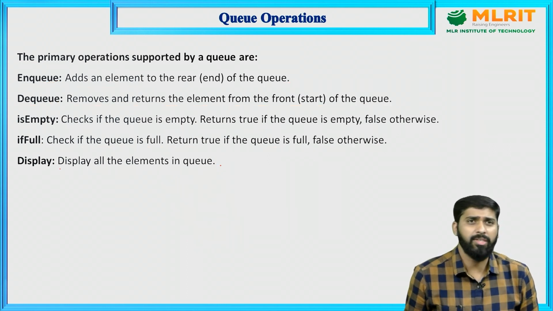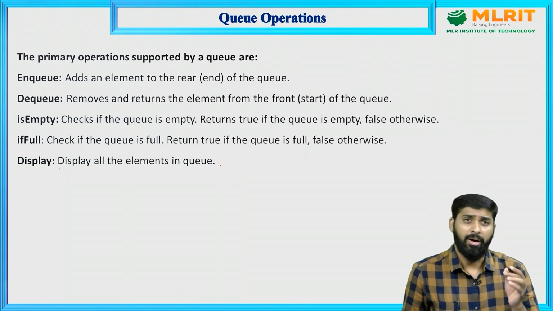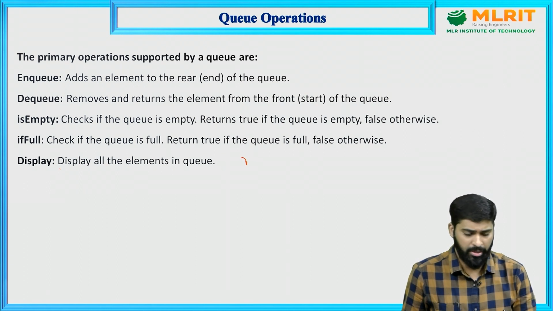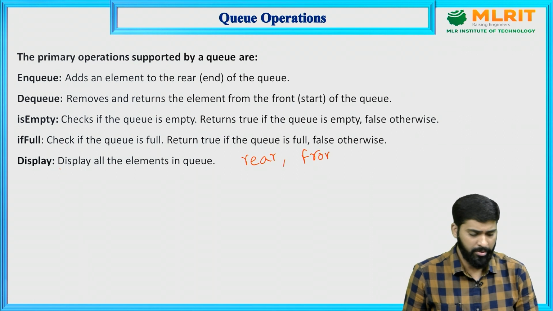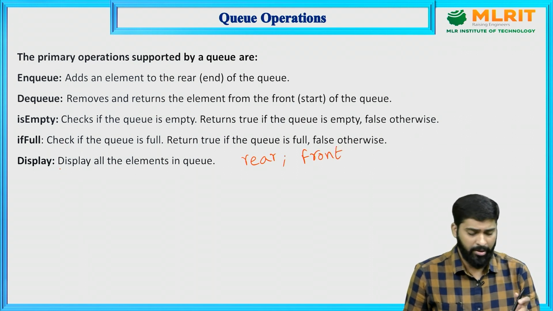So first function NQ. That means you try to insert an element into queue. Here all the insertions and deletions are made by using two variables, one is rear, another one is front. Initially I am taking both the values as -1.